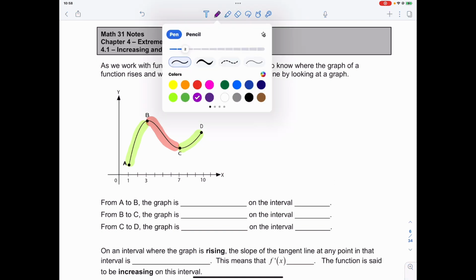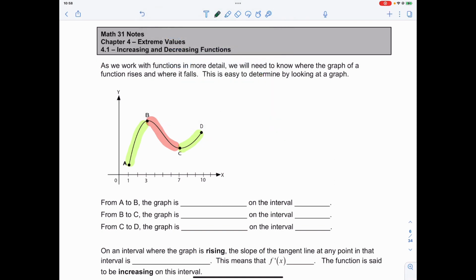So we would say that the graph from A to B is increasing, and this is on the interval from 1 to 3.